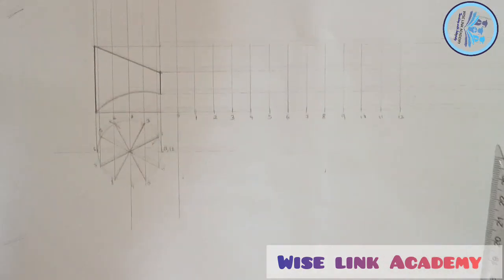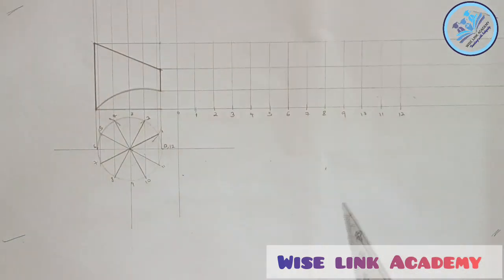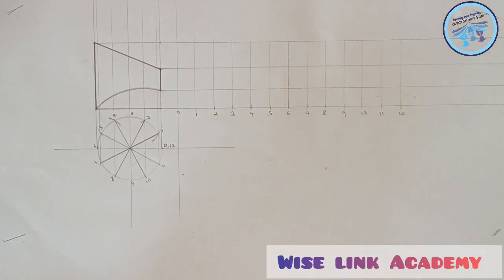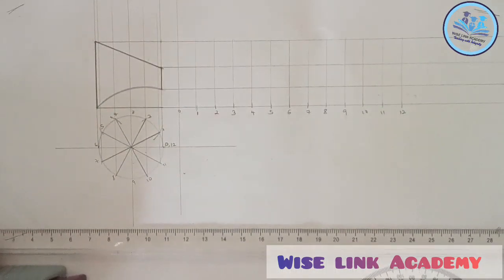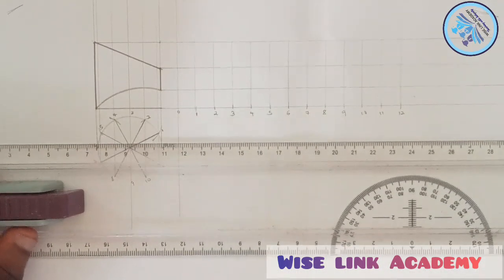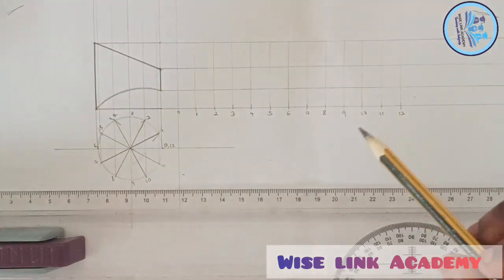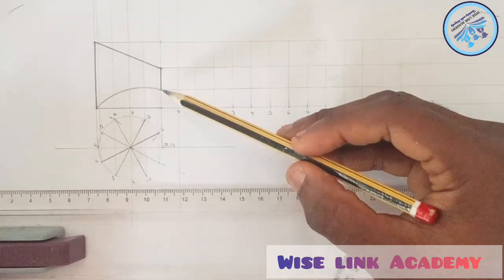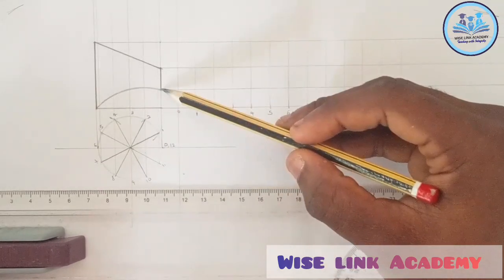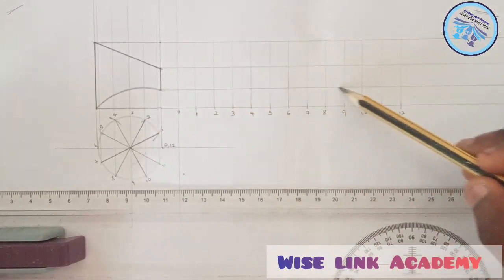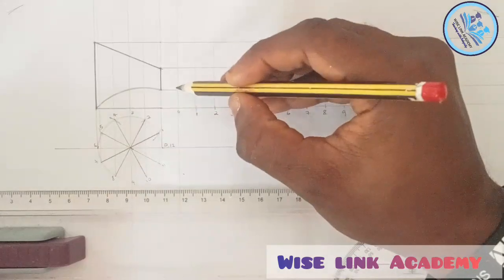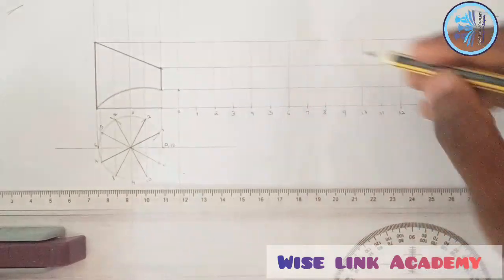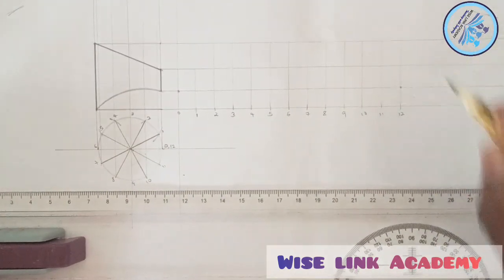So after I've done this, the next thing to do now is to take your t-square this way. Now listen, here's the concept here. This is 0 and 12. So I'll take in 0, and I'll take in 12. That's the first thing.